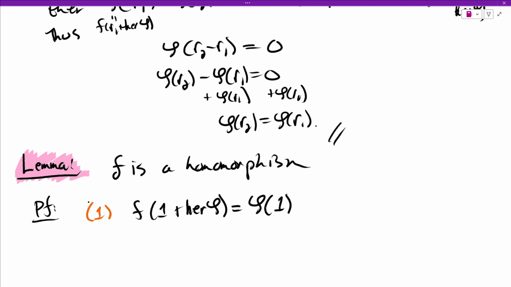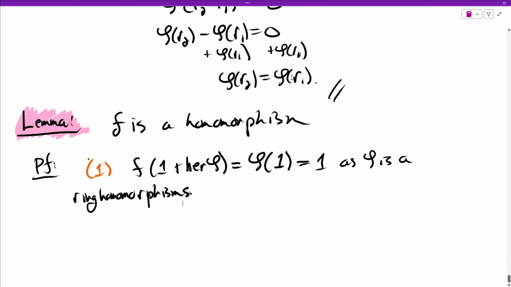And phi is a homomorphism. So phi sends 1 to 1. And the remaining two properties will similarly follow. It'll be like, oh, well, phi is a homomorphism, so f is.